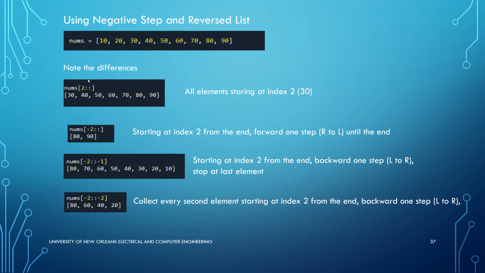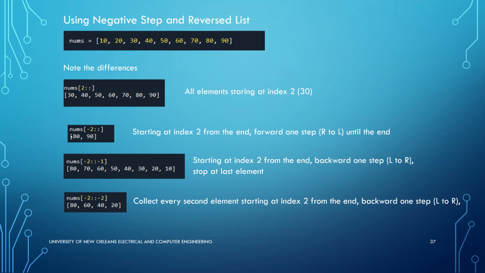This simply tells you that you start at index 2. The starting index is inclusive, okay? So that includes 30 here. So that simply means I'm going to go one at a time until I hit the end of the list. So we'll go from 30 to 90 here, all the elements starting at index 2.